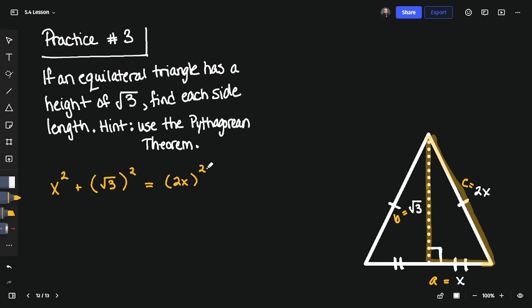Keep in mind our rules for simplifying exponents. Square roots and squares cancel each other out, so we have x squared plus square root of 3 equals, and here the 2 and the x both get squared, so 2 squared is 4, and x squared is, well, x squared.